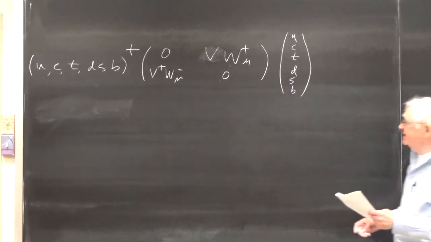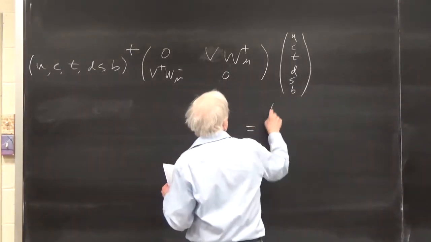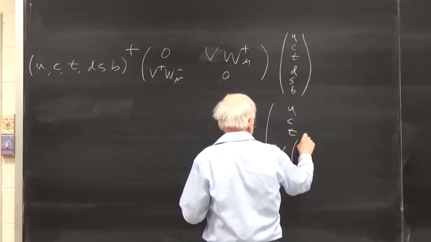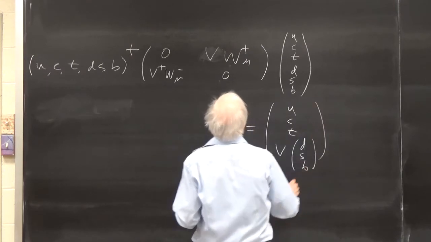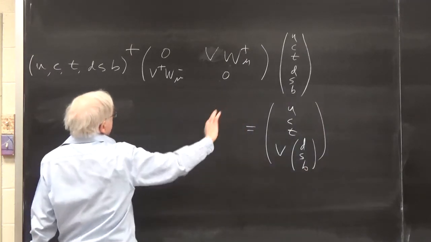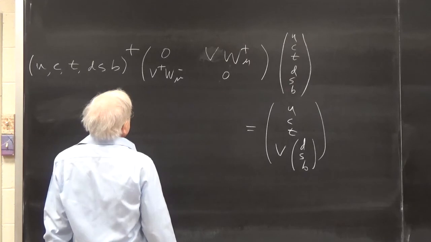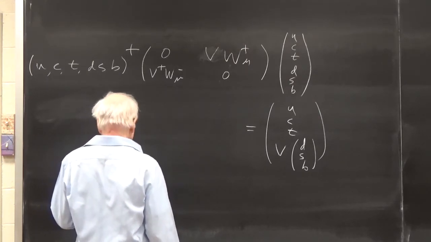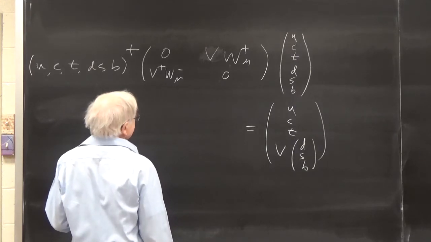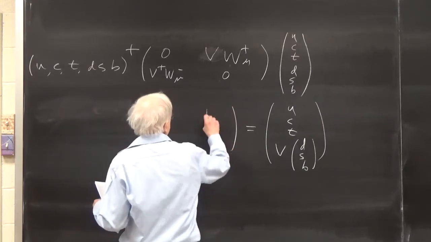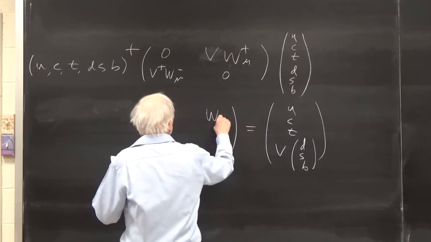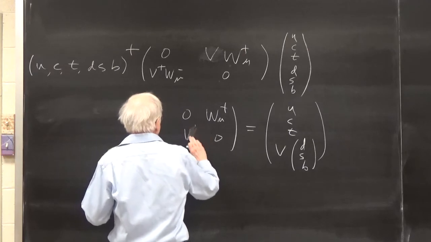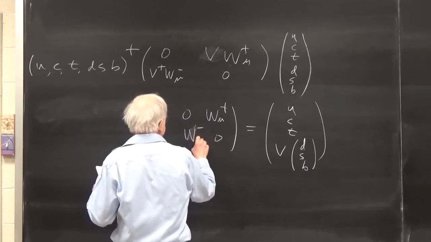But basically this gets written as U C T V on D S B. So we pull the V out that way, and then this is W mu plus 0, 0, W minus.